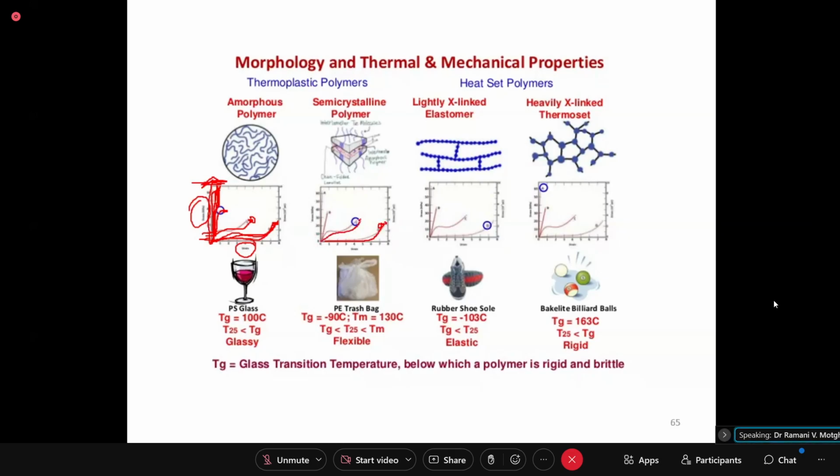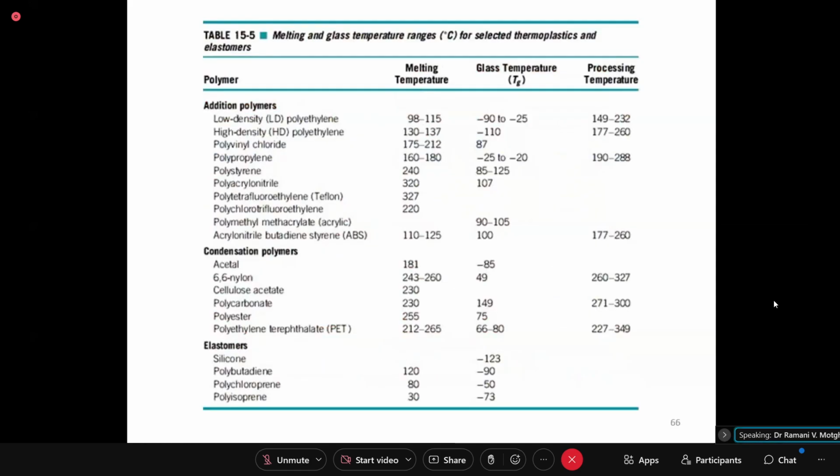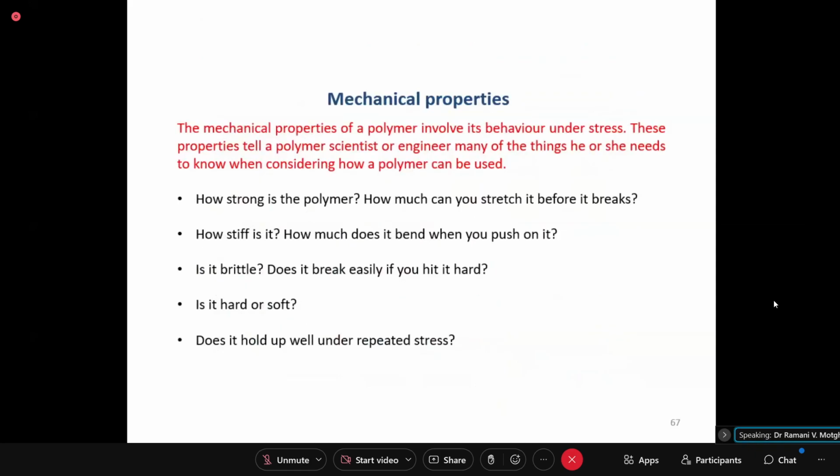Fibers will show such kind of behavior, thermoplasts will show such behavior, and rigid and high impact polymers will show such kind of behavior. So that is the stress strain curve for different amorphous and semi-crystalline polymers. Okay. So addition and condensation polymers, their examples are given, you can read that.